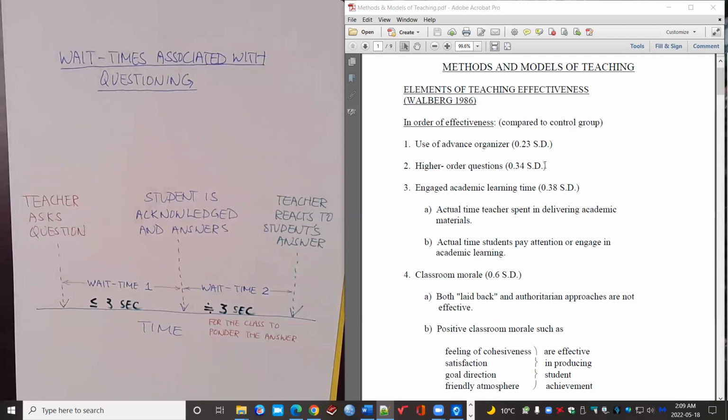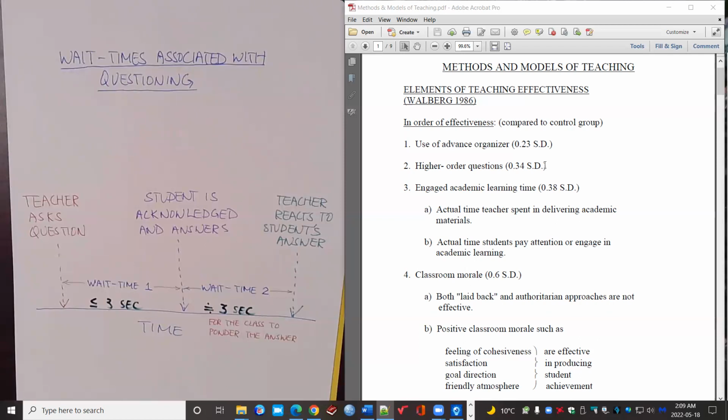In a way, you try to accept students' answers and build on students' ideas if the answer is not quite right, but you could build on it. So you're trying to help the student to learn indirectly.